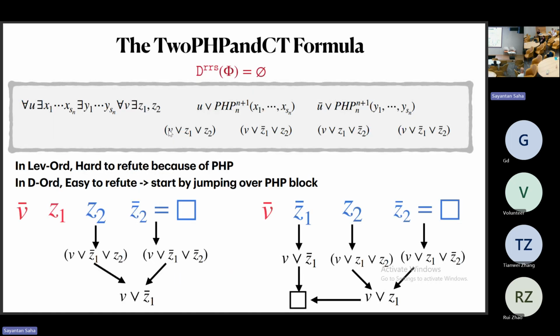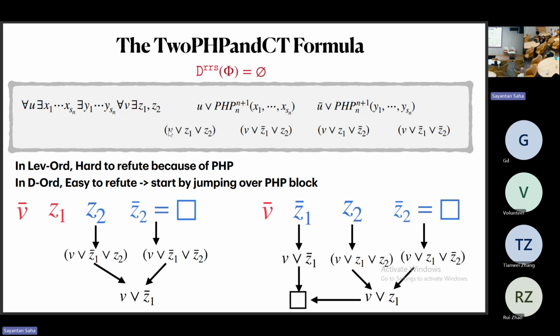This formula highlights that there are two copies of PHP and the tautology on Z1, Z2, so we call it 2PHP and Z2 CT. These are hard for level ordered, but allowing dependency order makes it easy to refute by jumping over the PHP block.